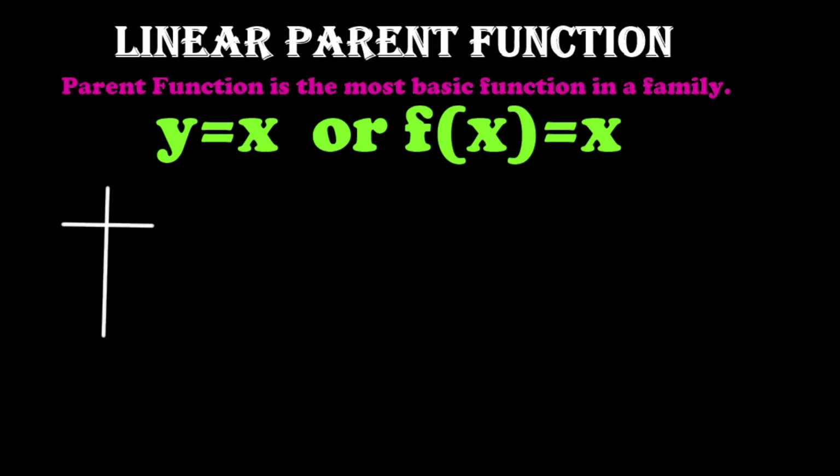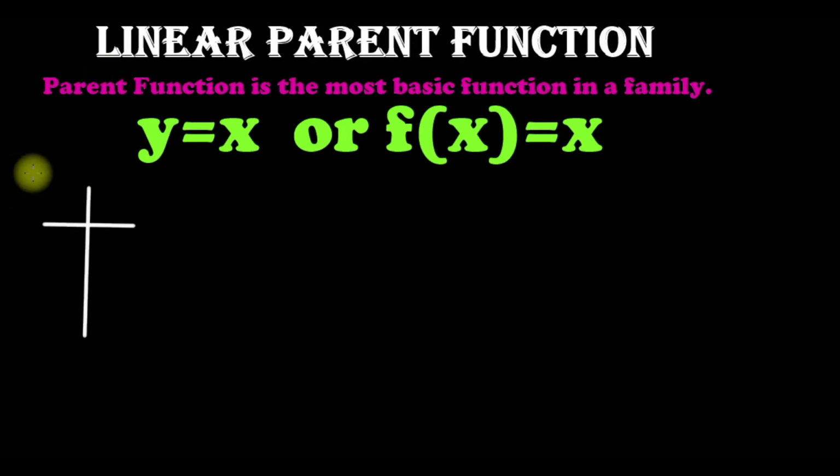Over here, I have a two-column table. The left column is going to be what x is, and once we have x, we can come up with y or f of x. I'm going to choose -1, 0, and then 1 for x.